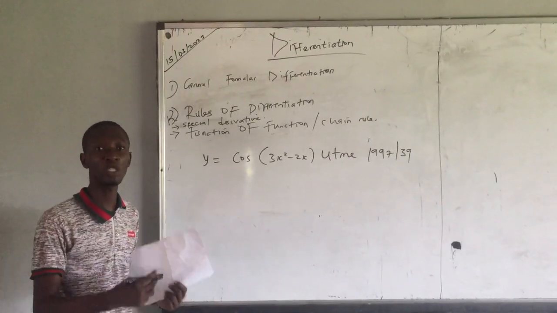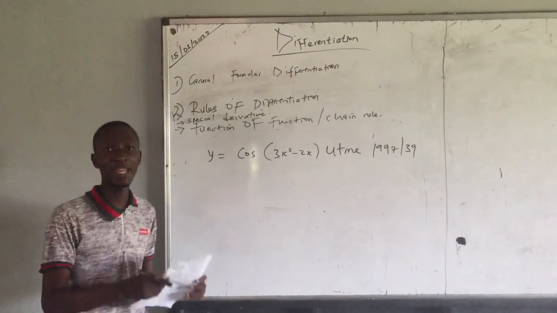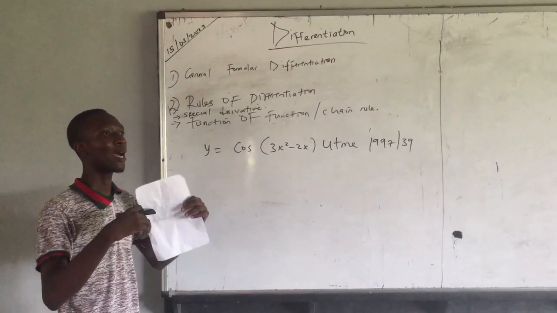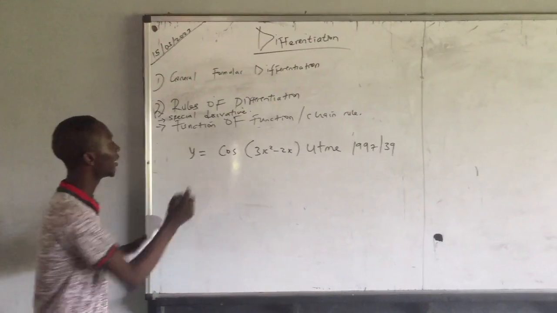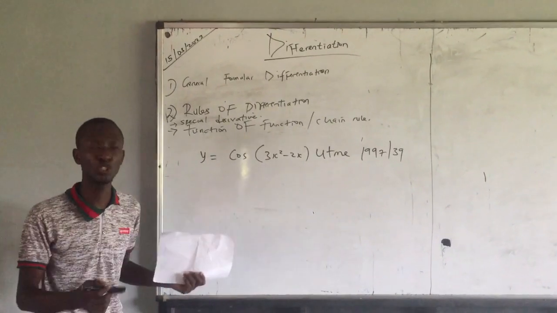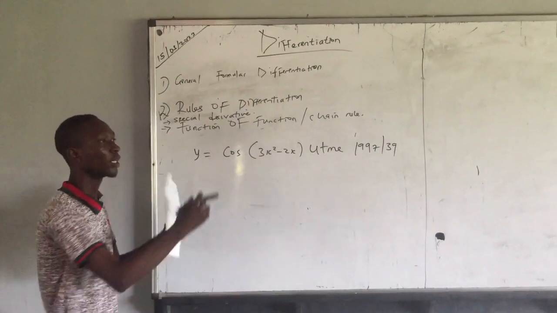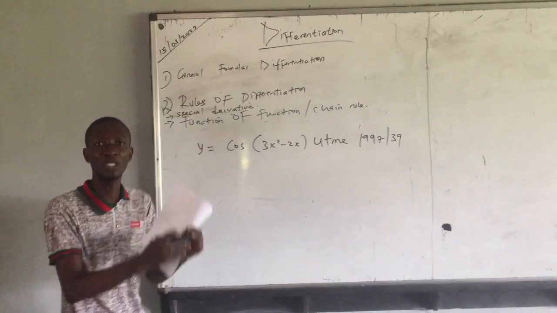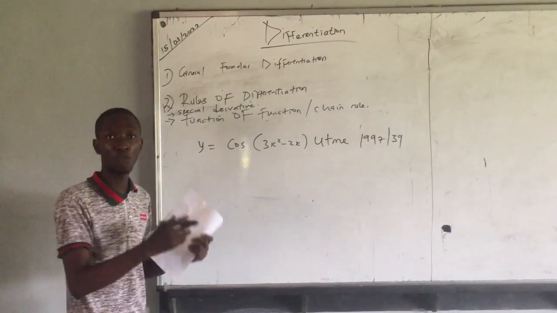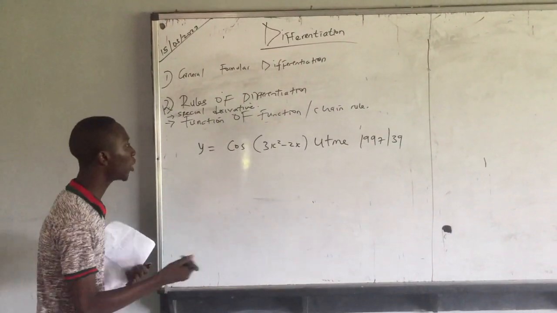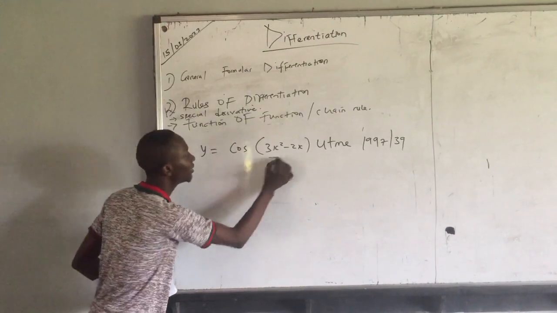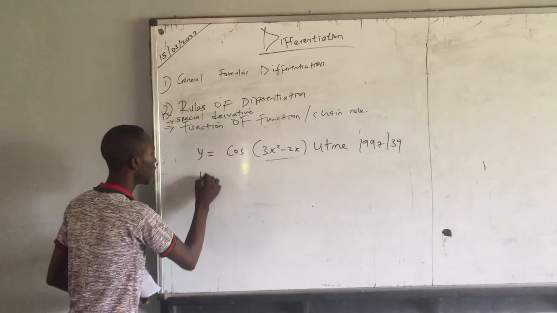Now function of function is also applied when a trigonometric function like cos is brought together with an equation in brackets. You use the function of function rule. So what do I do here? Then we replace this equation with u.